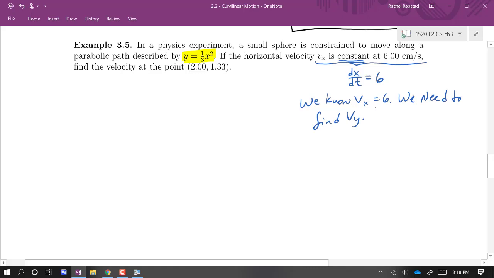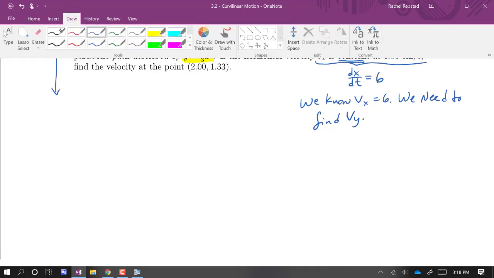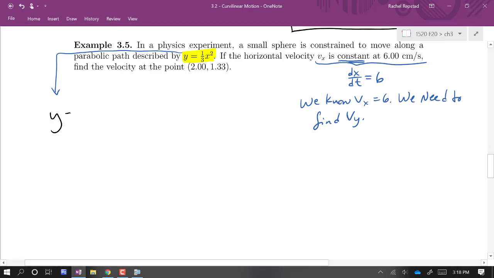Because once I've found the y component, then I've got both my components, and I can use Pythagoras and arctan. The way we're going to get our y component is to use this equation they gave us. Here's the path that it follows: y equals 1/3 x squared. And we are going to differentiate with respect to time. We want dy/dt, not dy/dx. So we're going to have to use our implicit differentiation skills here.